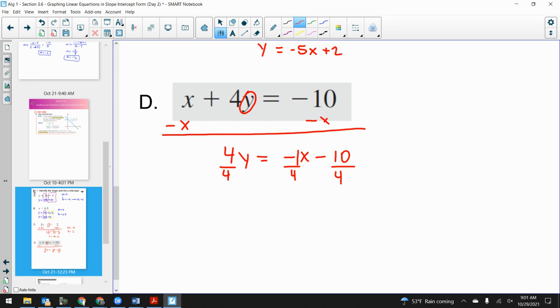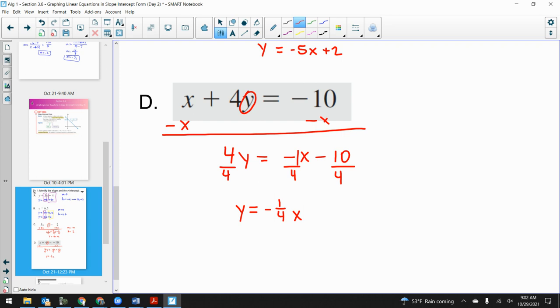Since there's no number in front of x, but a negative sign, I'm going to treat that as a -1 in front of x. Here's why. Because I want it to be represented like slope, like a fraction. Do you see the -1/4 in there? -1 divided by 4? That is -1/4 x.